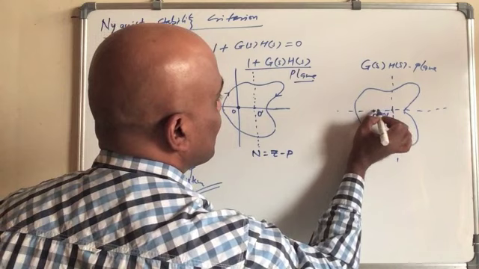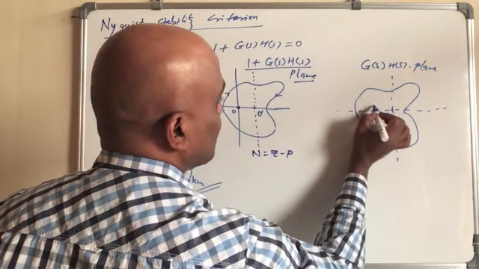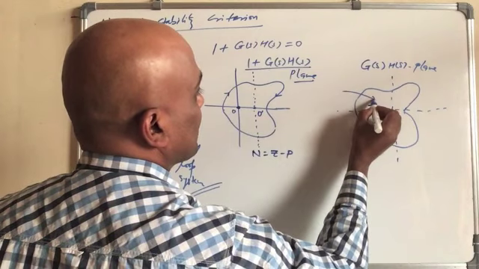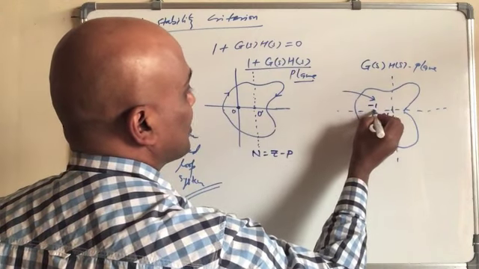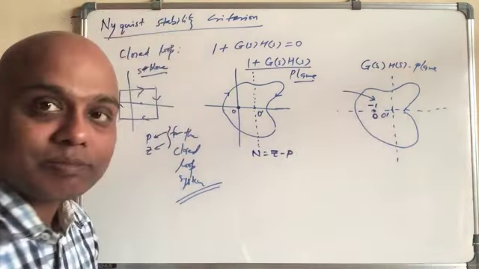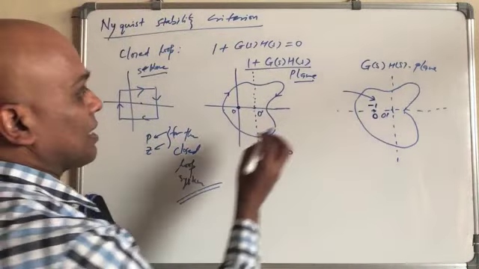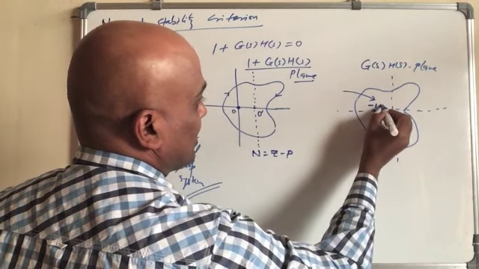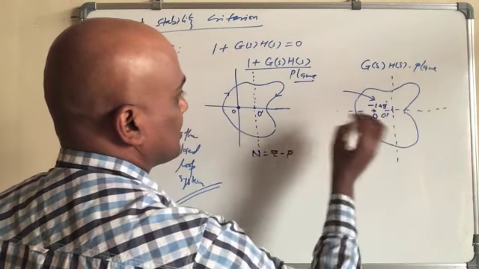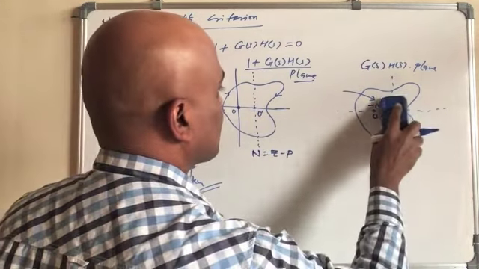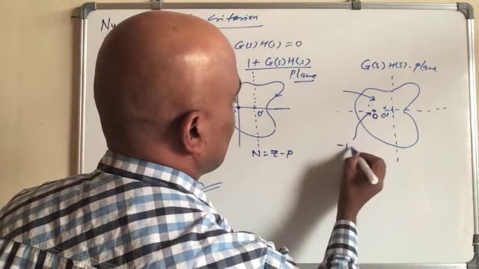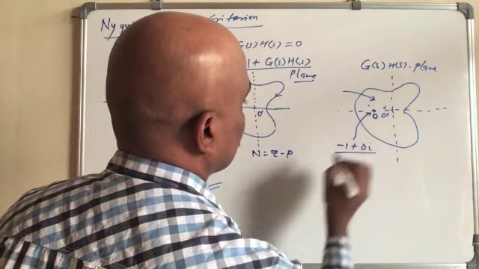And what is the value? The original O now becomes -1 in the new system. So this point is -1 plus 0j.